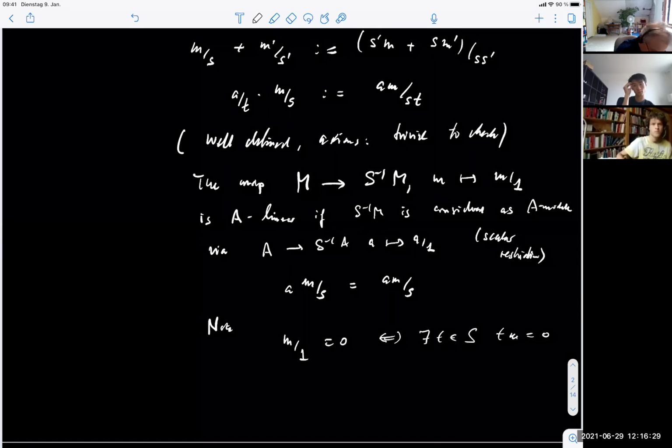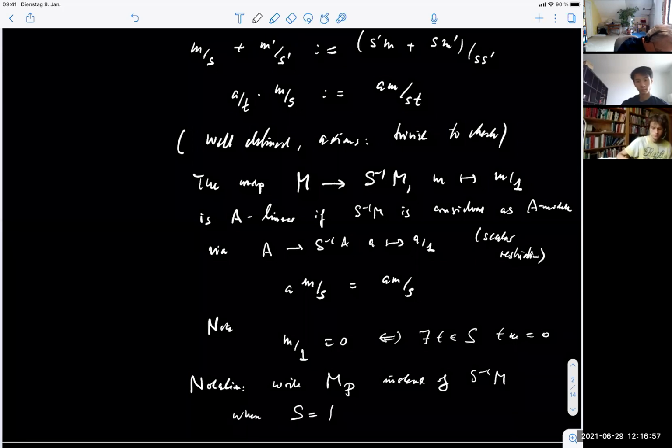And right, some notation, very common in commutative algebra. If we localize with respect to a prime ideal, we write M index P instead of S to the minus 1 M, when S is the complement of a prime ideal. So this is the symbol to remember.